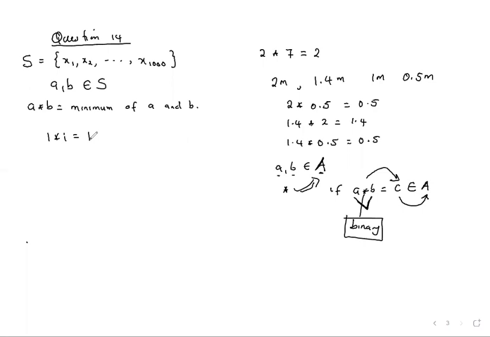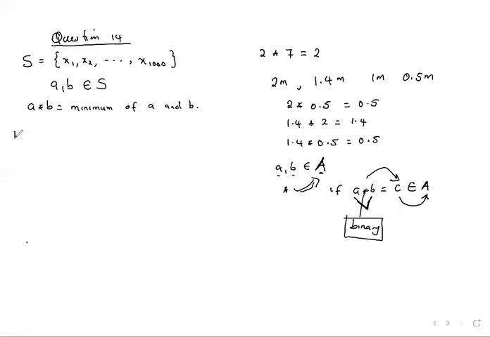If I pick two students, one taller than the other, the answer will be the height of the shorter one. That is the minimum.